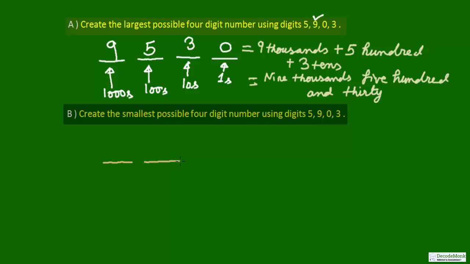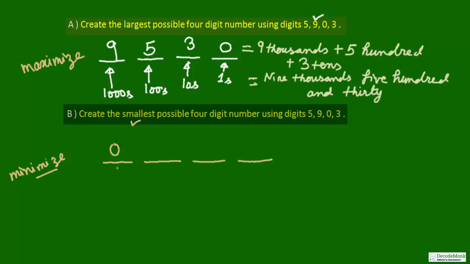Next we are given to create the smallest possible 4-digit number using digits 5, 9, 0 and 3. The digits are the same as question A, but here we have to find the smallest possible 4-digit number. And by our logic, we are going to put the lowest digit over here because we need to minimize. For question A, we had to maximize, that means find the largest, and minimize means we have to find the smallest possible number.